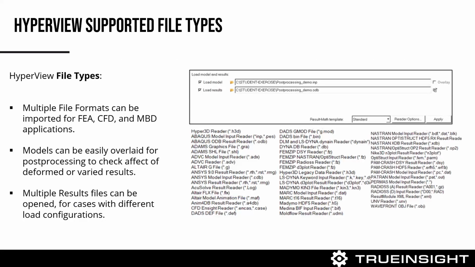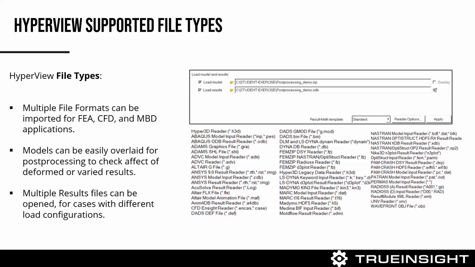All right, like I mentioned, HyperView supports all the Altair file formats, OptiStruct, Radioss, AcuSolve, etc. But one of the really cool things is we can bring in various file formats, and pretty much every other major tool out there directly into HyperView.